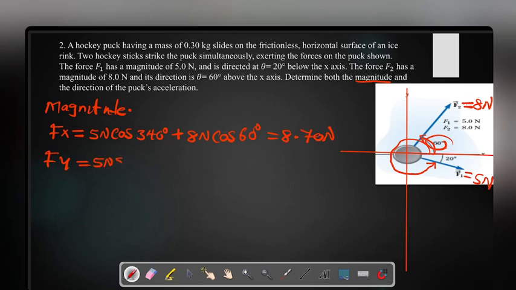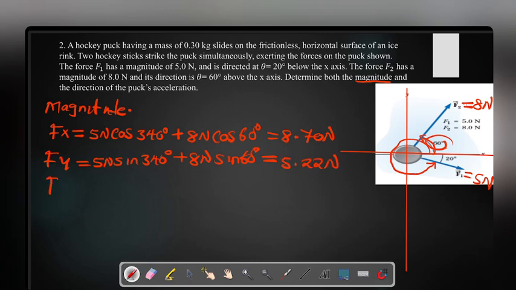Then we are going to say this is 5 sine 340 degrees plus 8 newtons sine 60 degrees. So this will give me 5.22 newtons.